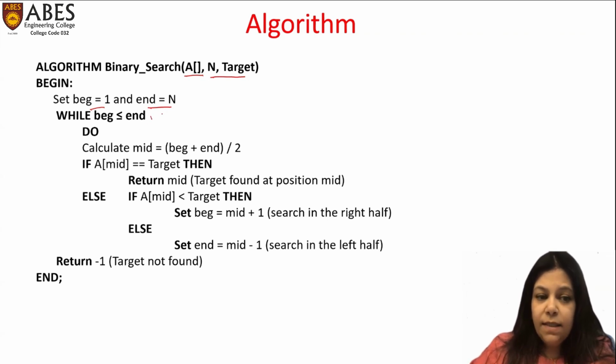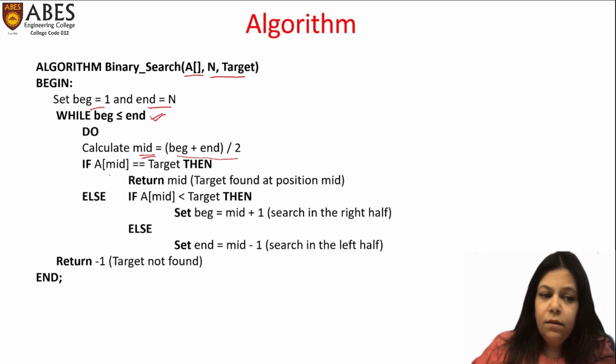Now, while beginning is less than or equal to end, this is the condition till when we know that there is at least one element in the effective array. So, till the time beginning is less than or equal to end, we have to calculate the middle index, which is equal to beginning plus end by 2.